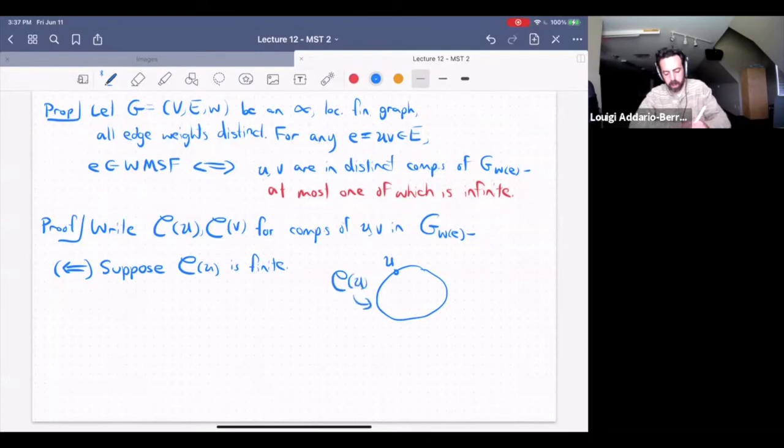Okay. So what's the structure here? This is a component in this graph which only has edges of weight less than WE.